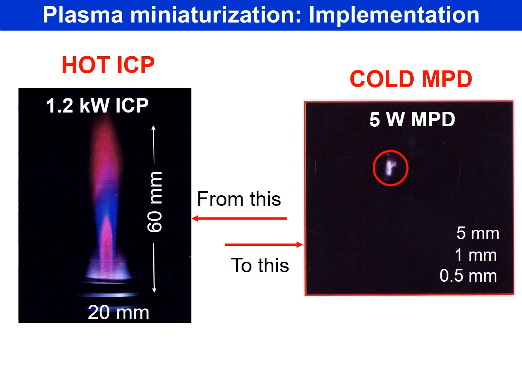So the sample comes in from the bottom, and the microplasmas that we've designed now take, instead of 1.2 kilowatt, 5 watt of power, and this is 0.5 millimeter, 1 millimeter by 500 micron. So the depth in this particular case is 500 micron. So this is our microplasma. So we're going from something that is big as this to something that's as small as this.